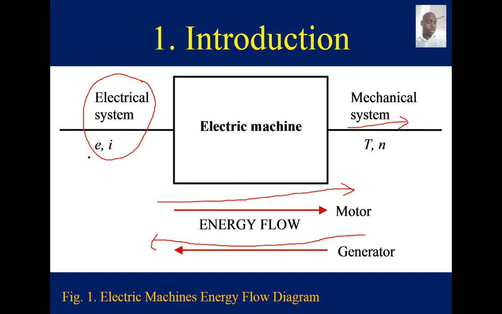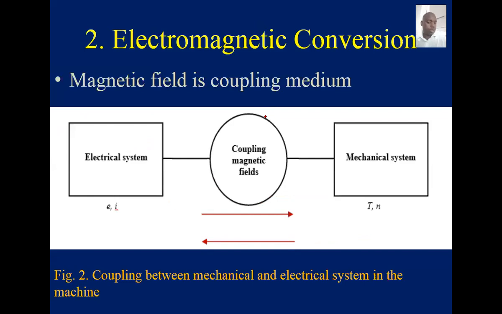So those are the things that we'll be looking at in our conversions. So our coupling medium is the magnetic field. So that will be our coupling component, which is the magnetic field.